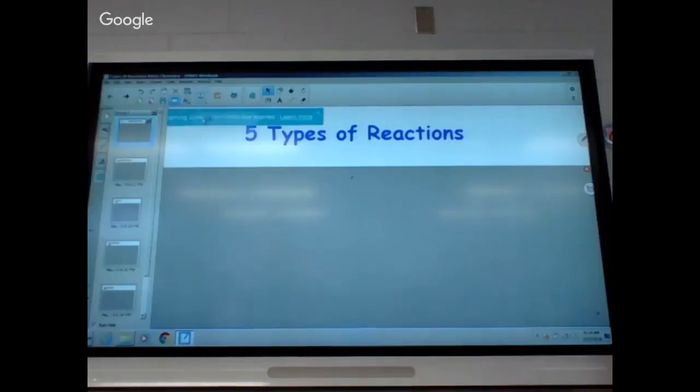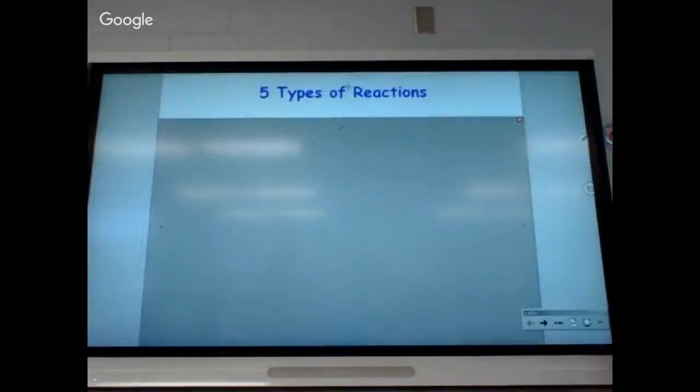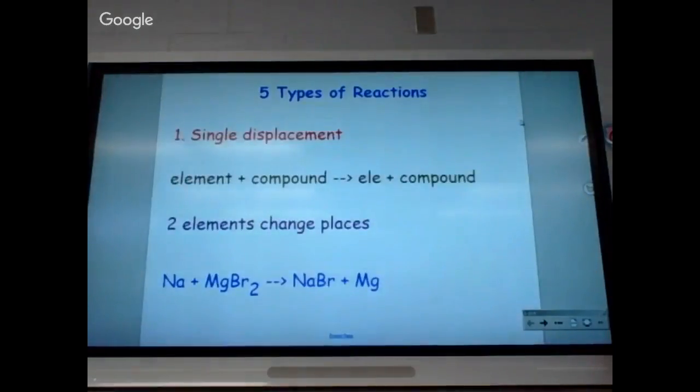All right, so yesterday we took notes and we said that single displacement had to be an element plus a what? A compound, and you get an element plus a compound. Now, when we start identifying these in a couple minutes, in order to be single displacement, how many plus signs do you have to have?